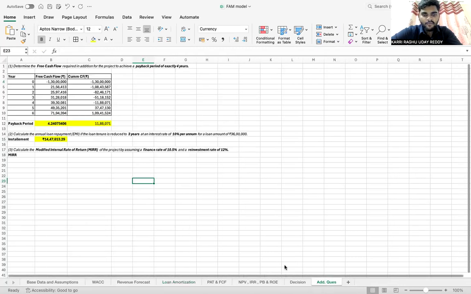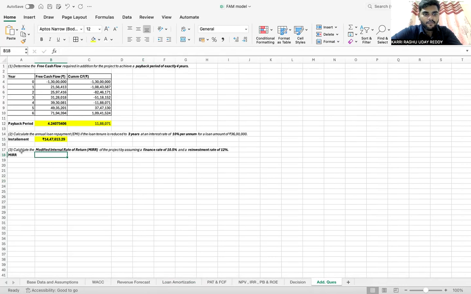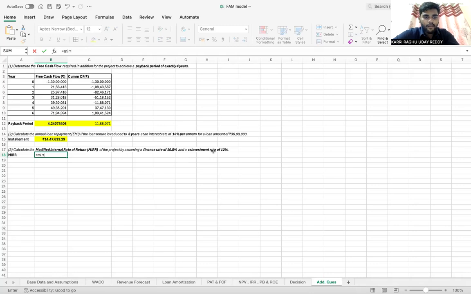Okay. Now let us proceed to the last question. They are asking us to calculate the MIRR of the project using a finance rate of 10.5% and a reinvestment rate. So the formula for MIRR is MIRR, then we take the values, comma, finance rate is 10.5%, comma, and reinvestment rate is given as 12%.